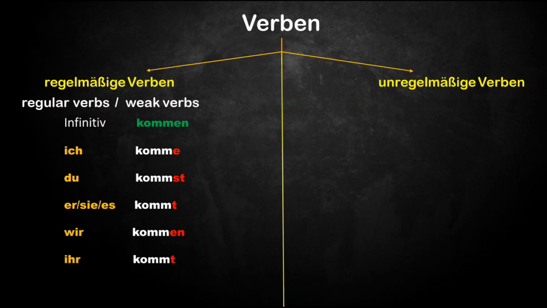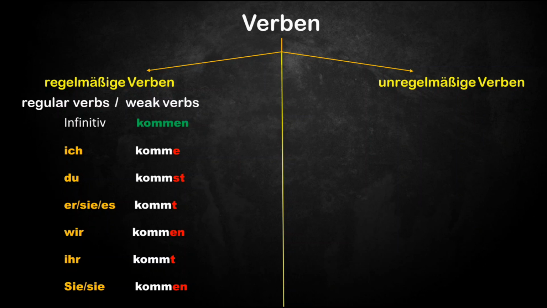Ihr kommt. Formal Sie or informal sie kommen. Now you see the ending of the verb is changing: e, st, t, en, t, en. Now these are the changes in regelmäßige Verben and they always change like that. This is the rule of this category.